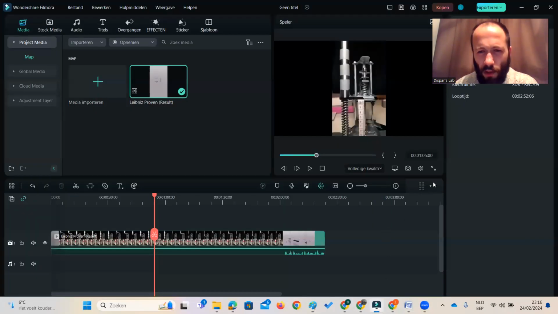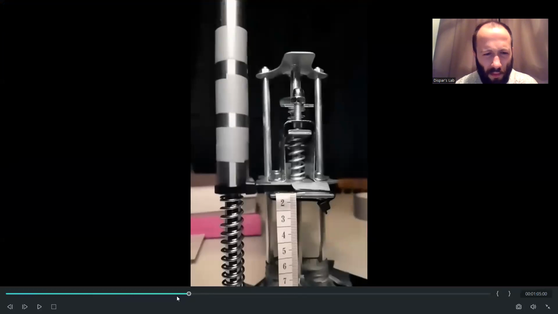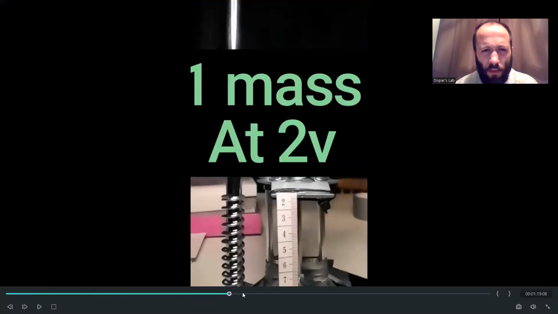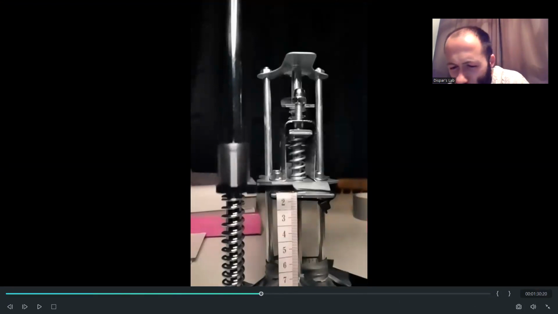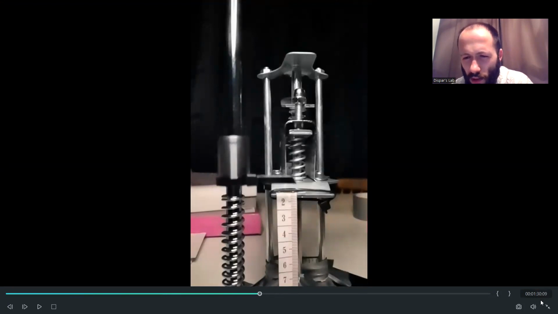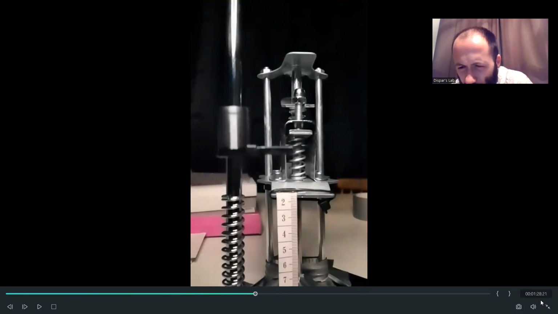Now mass 1 going twice as fast. So right before impact, let's take a look. Let's use 130.20. Now we're gonna go back 2 milliseconds to 128.20. See 128.20. There we go.